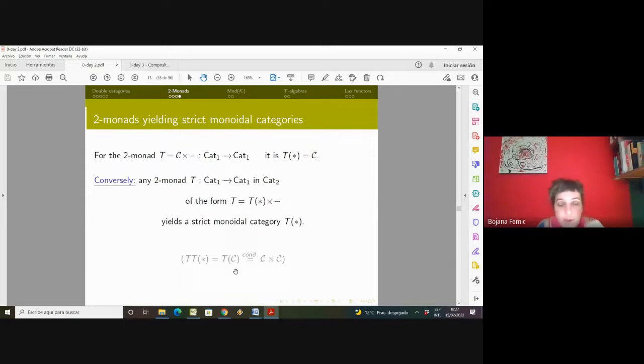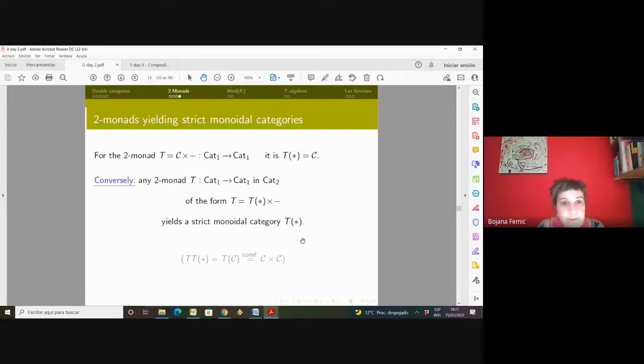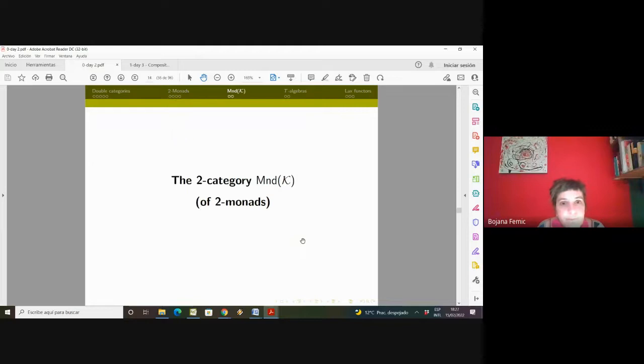And precisely because I know that T is given by C times something, this T of C gives me that I end up in C times C. So now I can say that I have some functor defined on the Cartesian product of C with itself. And then I get what will be the tensor, the monoidal structure on T of star, which is C. Okay? Good. So far, that's it.